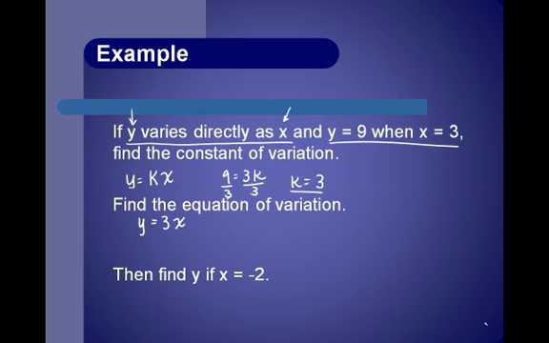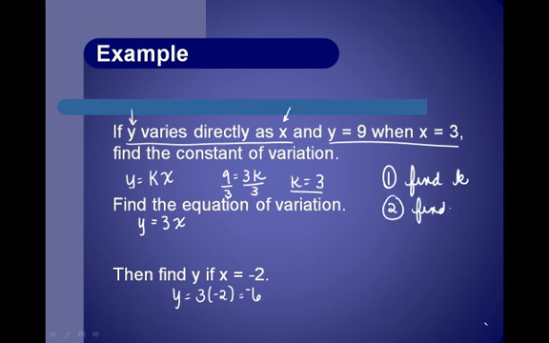Well, we have our variation equation, so we're going to say y equals 3 times negative 2, so y would be equal to negative 6. So for these varies directly problems, first thing you're going to do is find k. The second thing you're going to do is to find the equation, and then the third thing you're going to do is to find the value of what they're asking you.